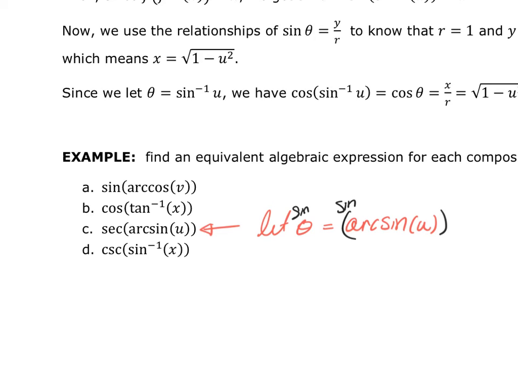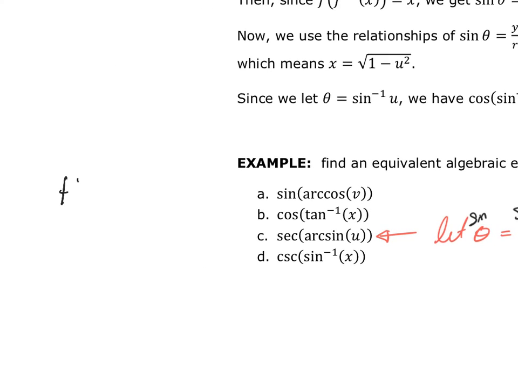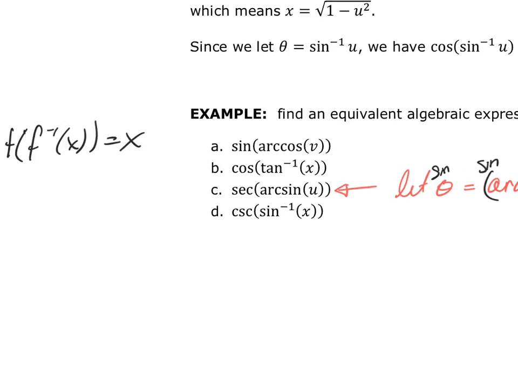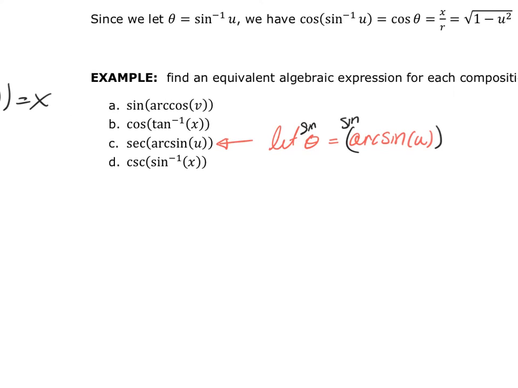Those are functions. So what we're trying to do is use that rule that says if I have the sine of the inverse sine, it equals my x value. So I'm using the relationships that we know from pre-calc 1 that says if I have the f of f inverse of x, this equals x. So coming back to this, I get the sine of theta is equal to u.